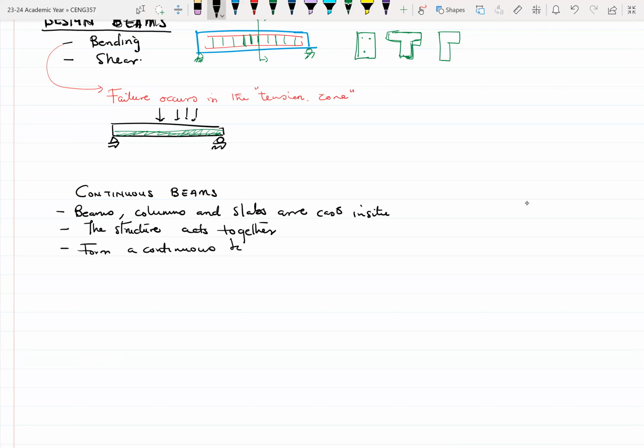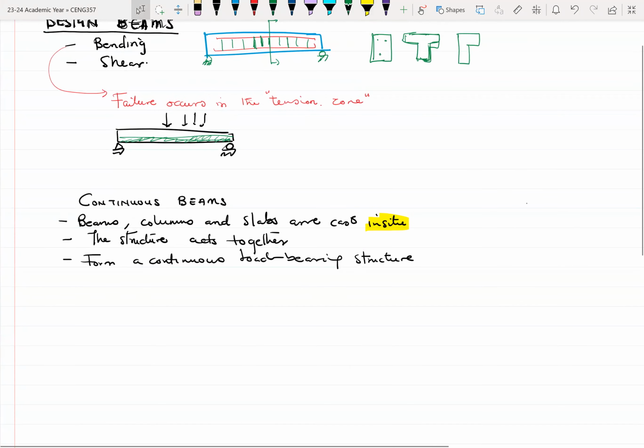Because of that, we can take advantage of the fact that we usually cast our concrete in situ, and by casting them in situ, we end up with one big system. So we can also have the case whereby the reinforcement should also be continuous.